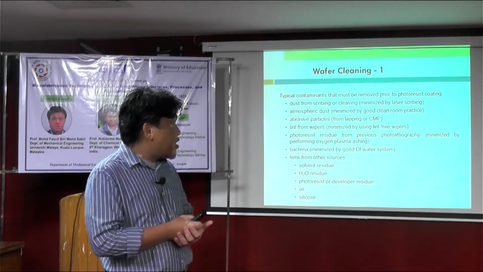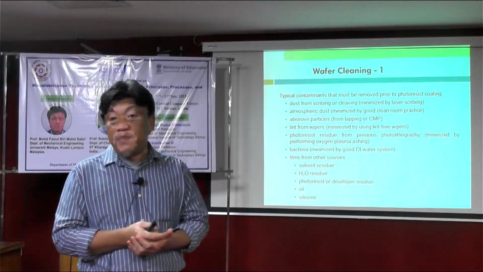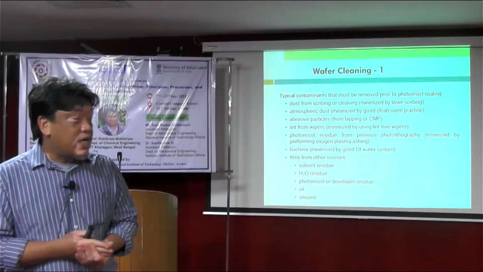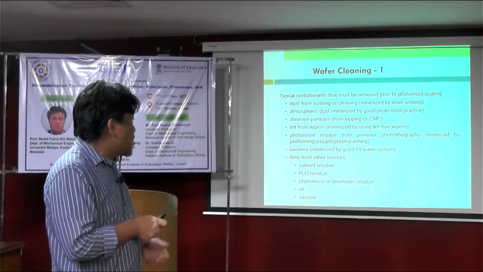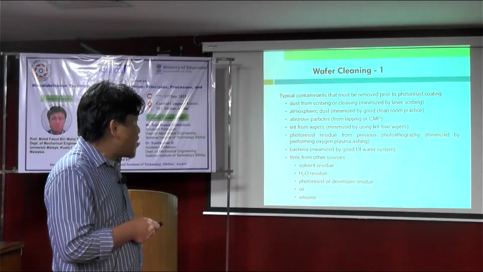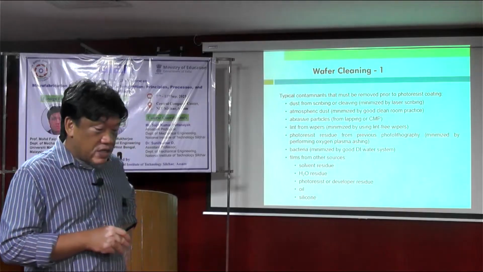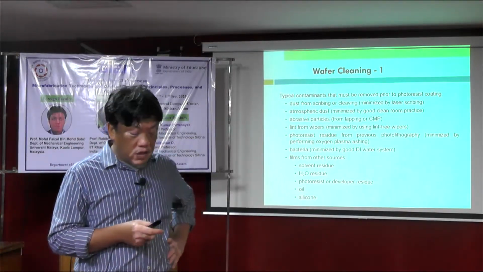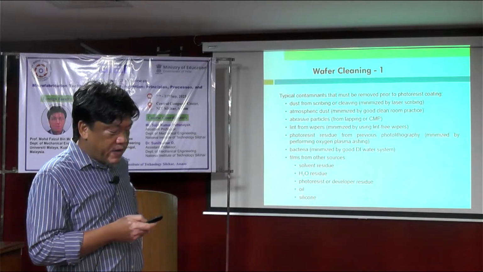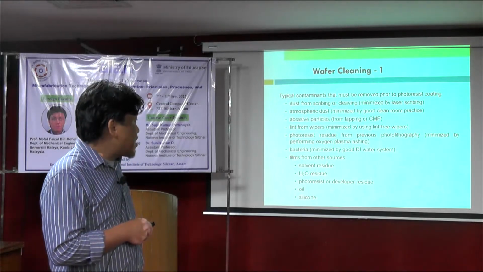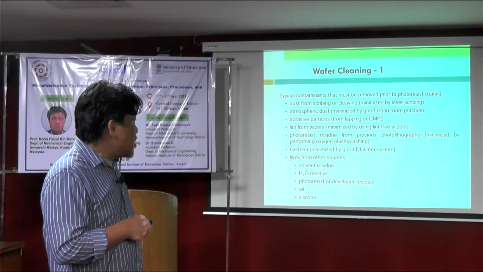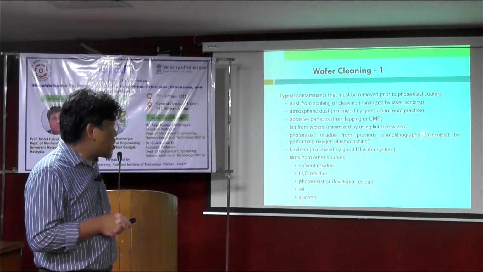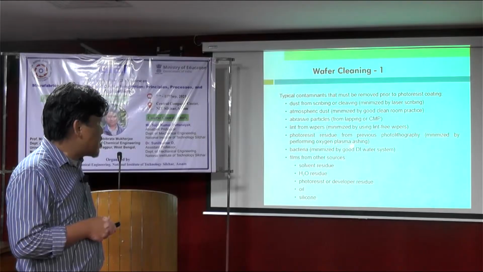Normally we do MEMS and semiconductor processes in a clean room, but there might still be some contamination. Then abrasive particles from lapping or CMP, the process of polishing the surface of the wafer, might also leave some contamination. Lint from wipers, and photoresist residue from previous photolithography, minimized by performing oxygen etching.